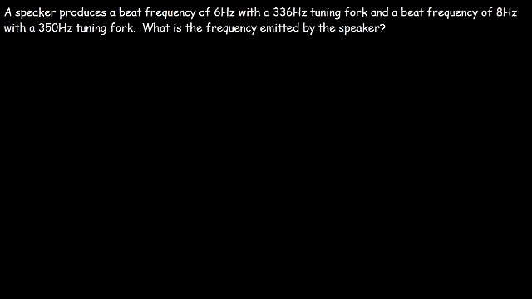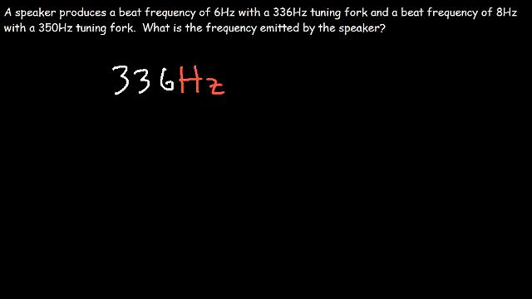A speaker produces a beat frequency of 6 hertz with a 336 hertz tuning fork and a beat frequency of 8 hertz with a 350 hertz tuning fork. What is the frequency emitted by the speaker? So go ahead, take a minute and work on this example. So let's start with the 336 hertz tuning fork.